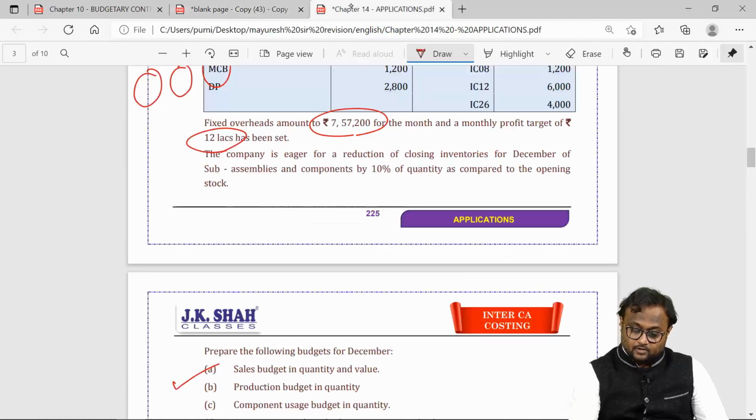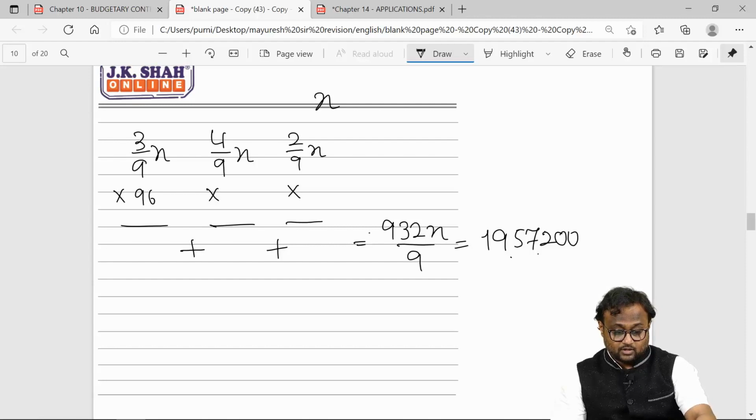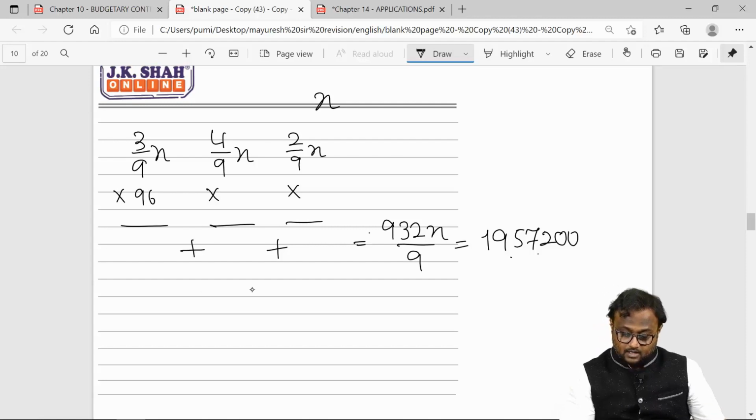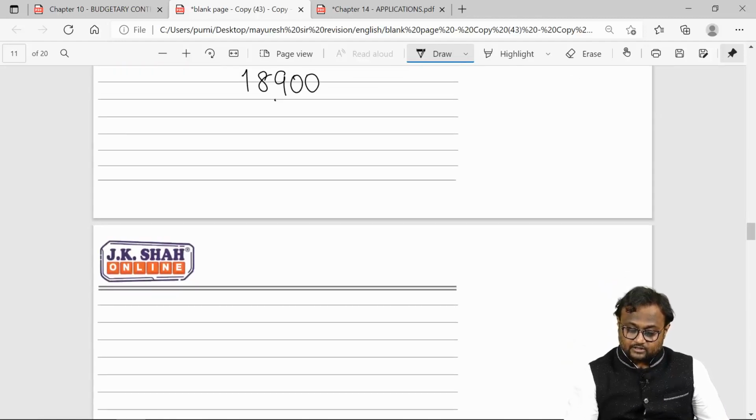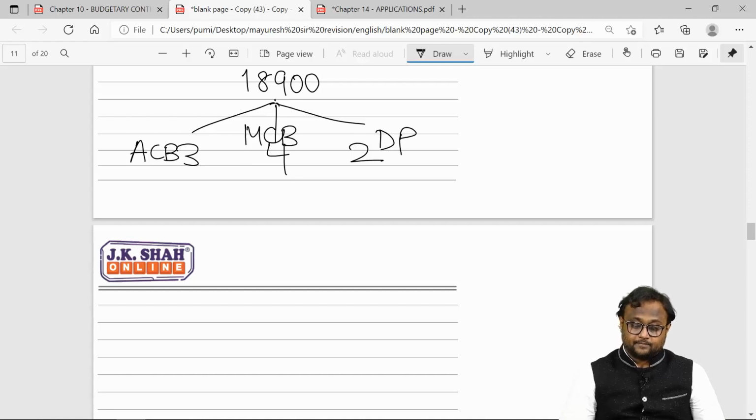Now 932X upon 9 is nothing but your total contribution 19,57,200. You already decided that 19,57,200 should be my contribution to recover the fixed cost and to earn profit. So 19,57,200 into 9 divided by 932, 18,900 will be your total quantity, the value of X, which will be split in the ratio 3:4:2 for ACB, MCB and DP.